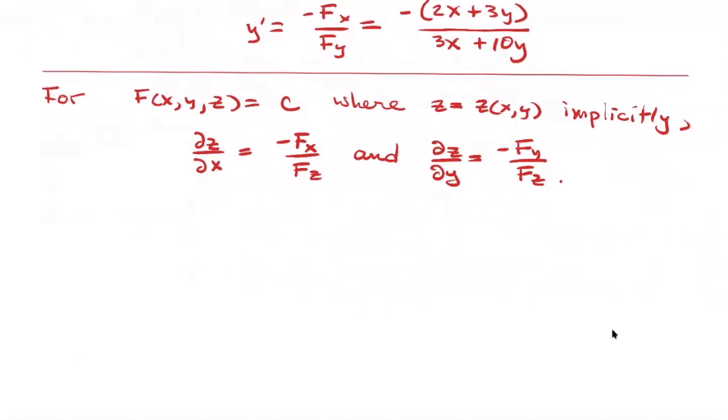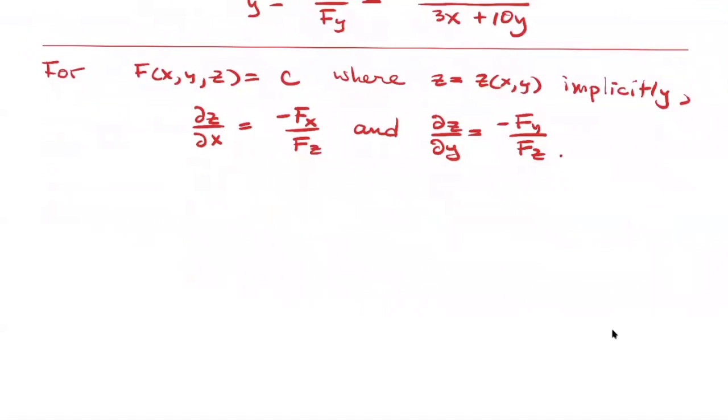Okay, so let's just do a quick little sphere. Okay, so here comes the sphere. And the sphere is x squared plus y squared plus z squared equals 14.